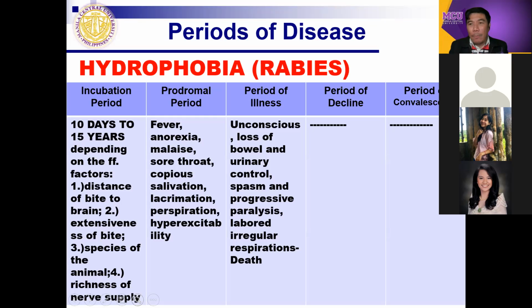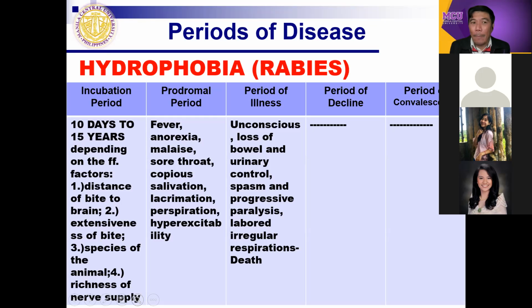Third, the species of the animal: if the animal is not vaccinated or has an unknown health history, that is the problem. Fourth, it may depend on the richness of the nerve supply, since the rabies virus travels along the nerves, and usually causes what we call lockjaw and spasm of the muscles. So can you imagine that the incubation period is 10 to 15 years?